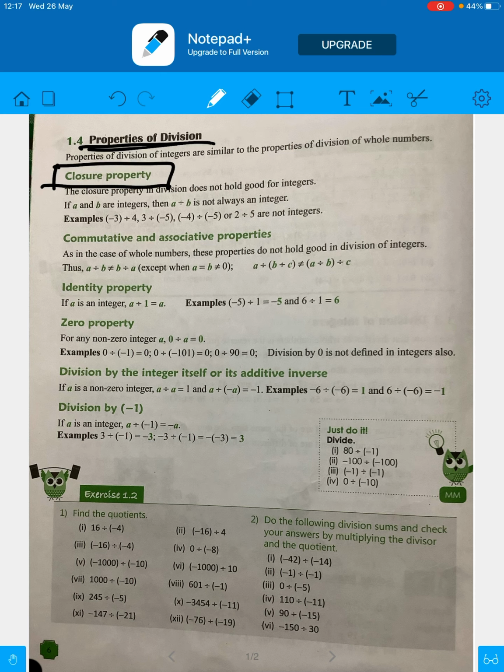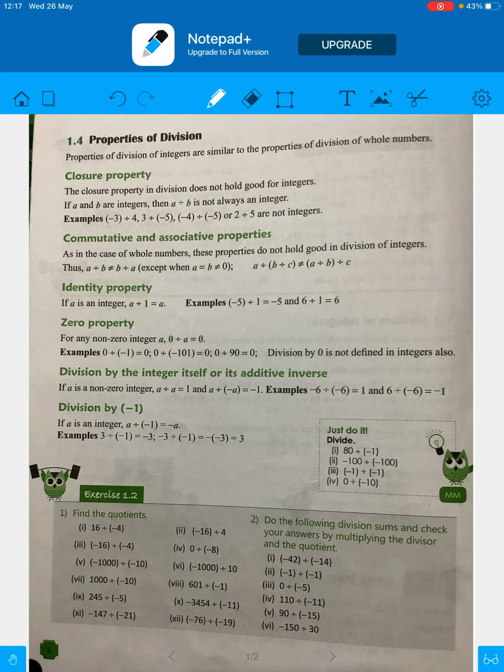Now students, if you remember about closure property, we have studied in multiplication that if a and b are integers, then a into b is also equal to an integer, right? It's also an integer. But this doesn't hold good in case of division, right? In case of division, it is not true.